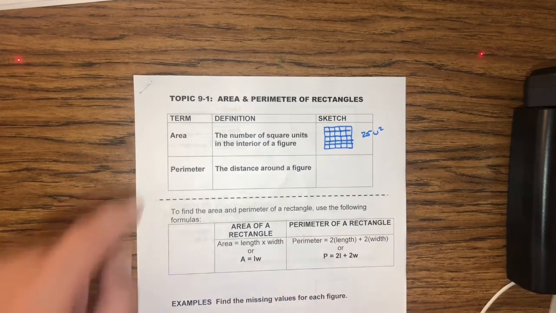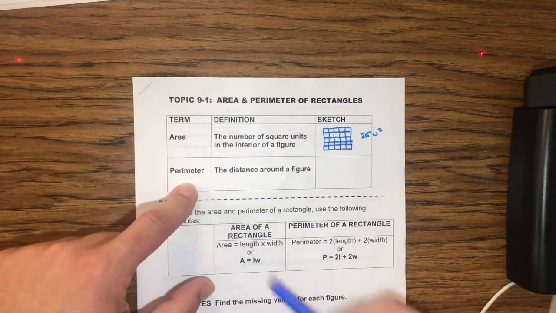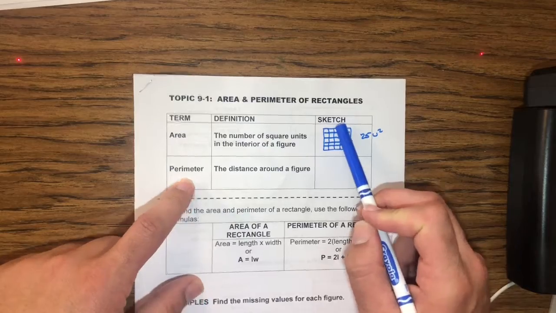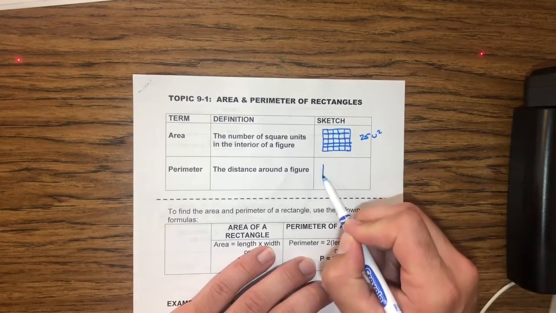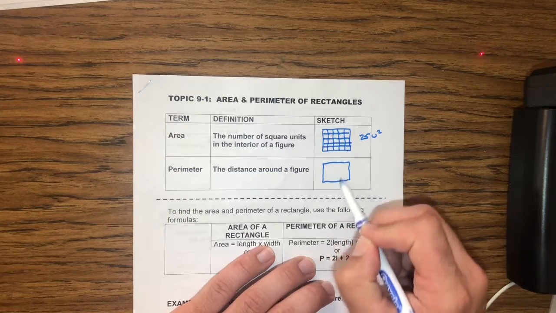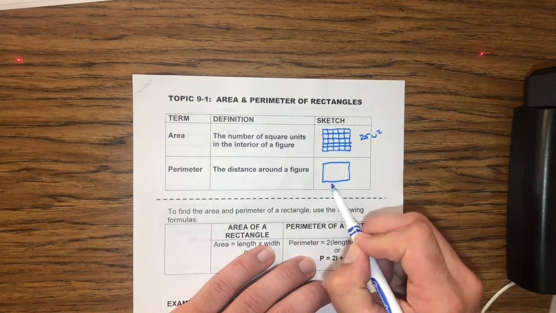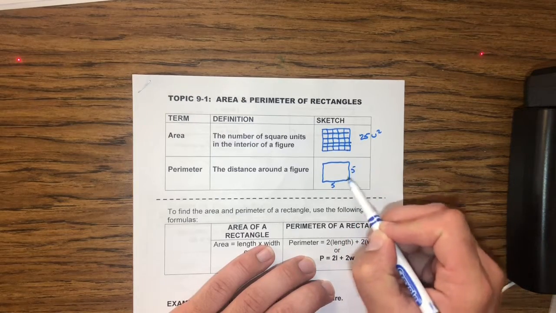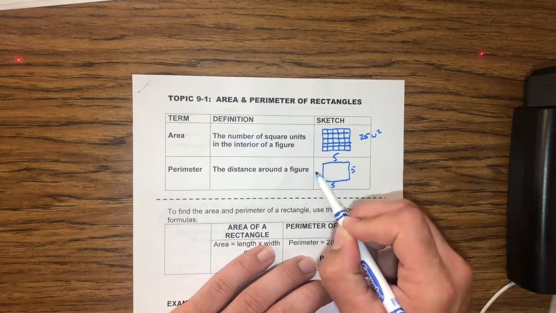Okay. The difference between area and perimeter is that the perimeter is just the distance around the object. So if we use the same shape, and to save myself the time of having to draw the lines here, it was 5 across, 5 on this edge here, 5 here, and 5 here.